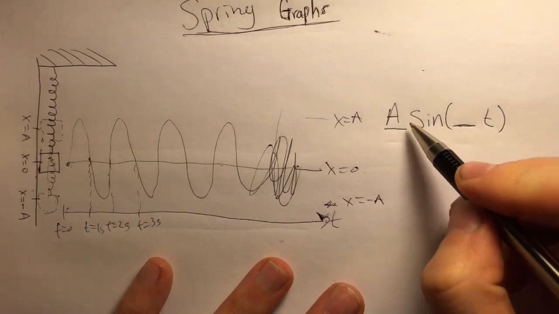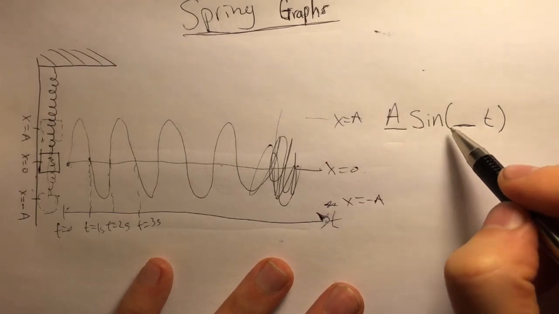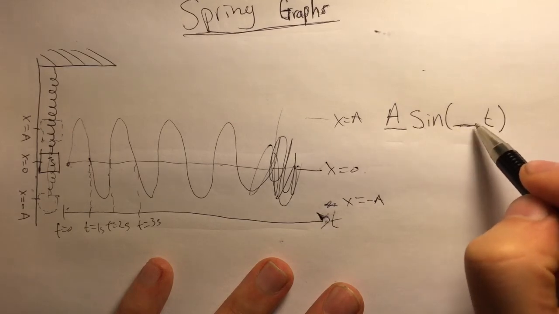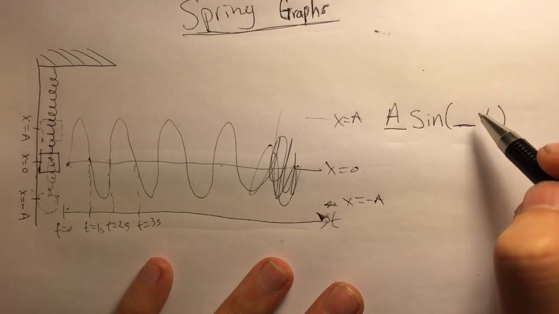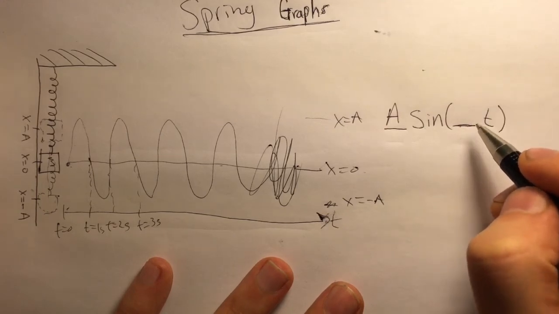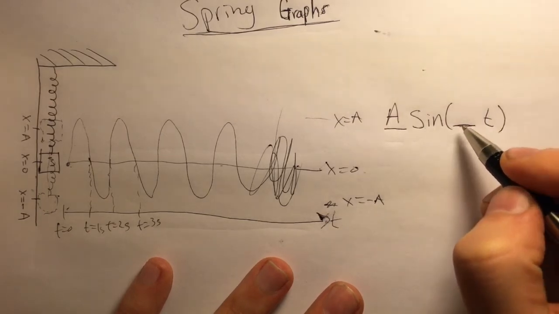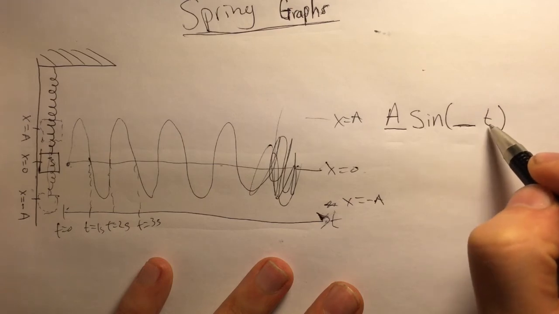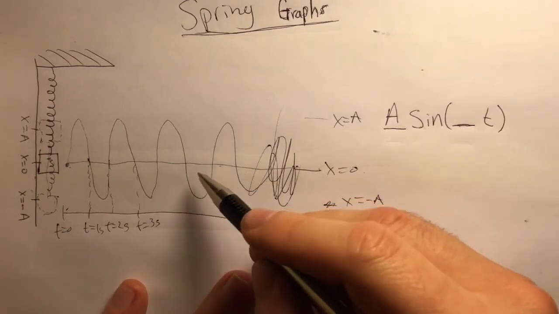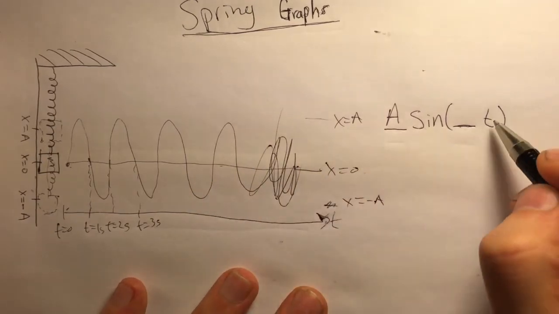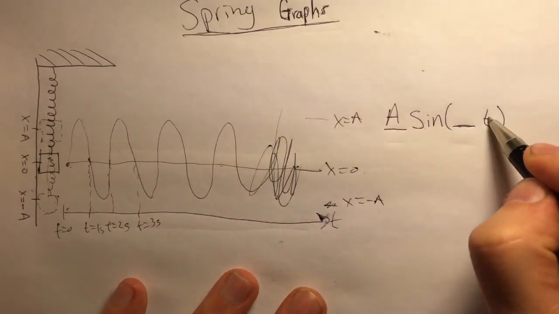Well, one thing about sine is that you can only put in something like radians or degrees, something that doesn't really have units. It can't have units of seconds or meters. Whatever you put in here has to be unitless. And there's only really one characteristic time scale in here so that we could cancel out the units of seconds.